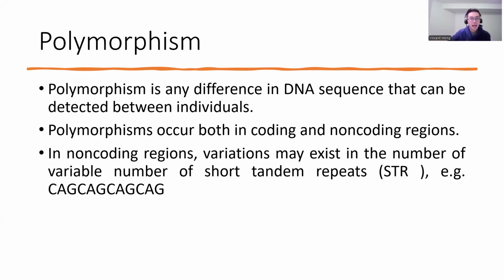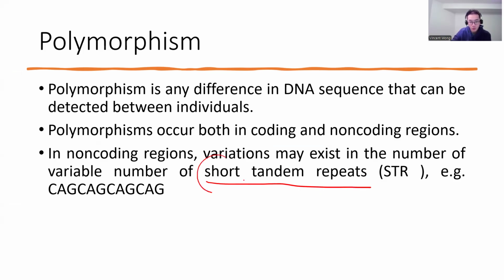So polymorphisms can occur in coding or non-coding regions. The coding regions are the exons, and the non-coding regions are the introns. Within the non-coding regions, there are polymorphisms that exist as short tandem repeats, or STRs.